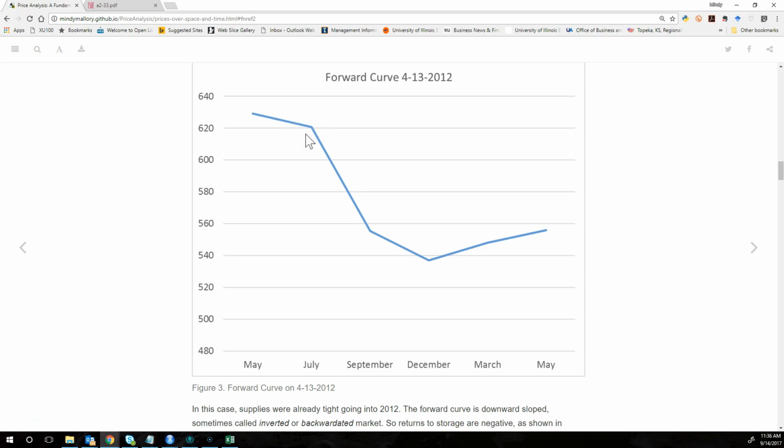So that tells me that we were kind of starting to run out of the 2011 harvested crop, and the market is begging you, please get your crop to the market before July because we're going to start charging you a negative return to storage until then. And then you see this phenomenon that we talked about before where as of April, the market was expecting a big increase in supply that was resulting from the 2012 harvest. And that's why you get this big dip in the fall expiration months of that year.